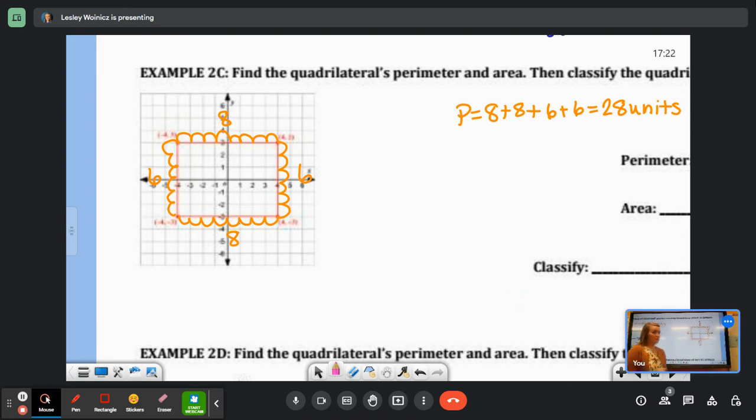Now, let's talk about why this has to be a rectangle. Okay, so first of all, in a rectangle, we know that opposite sides are congruent. And these sides have the same measure, so they're congruent. And these sides have the same measure, so they're congruent. So for a rectangle, we need opposite sides congruent.